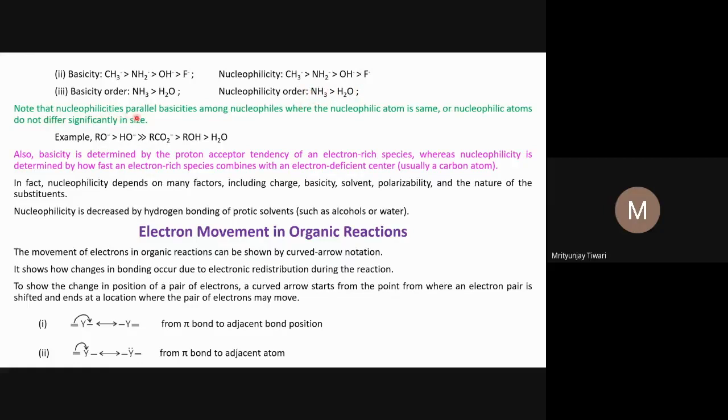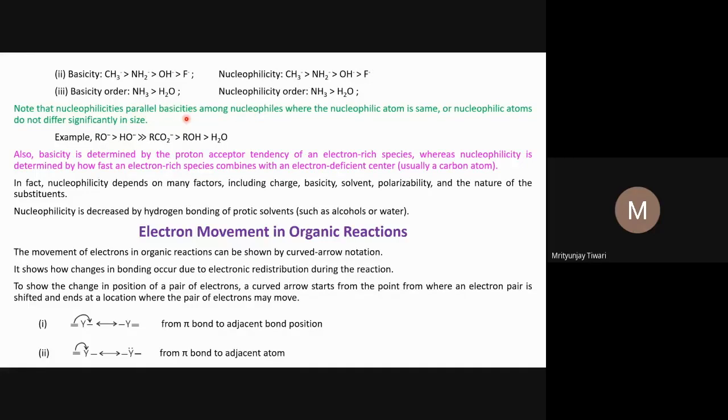Note that nucleophilicity is parallel to basicity among nucleophiles where the nucleophilic atom is the same. So when the nucleophilic atom is the same, nucleophilicity follows the basicity order.